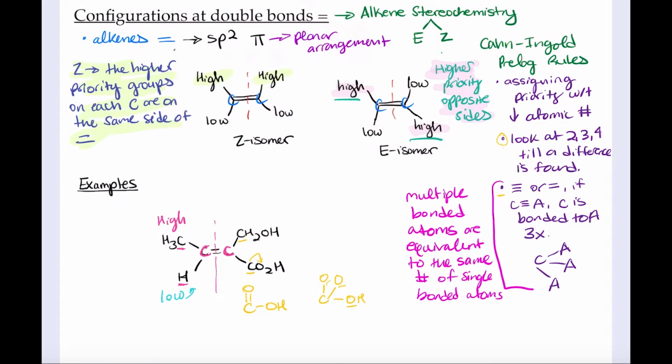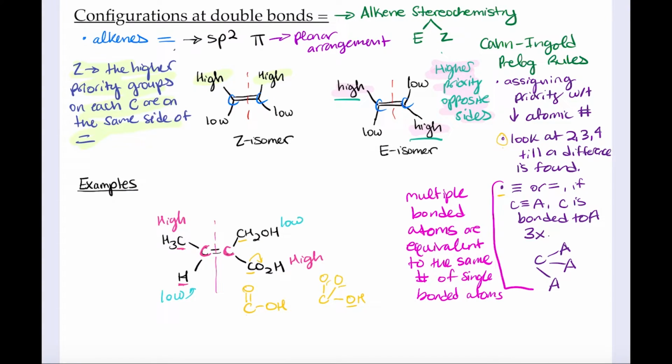So we're going to label this as having the higher priority and this one as a lower priority, because this follows the rule that I explained over here, how multiple bonded atoms are equivalent to the same number of singly bonded atoms. So this follows this rule as I just explained it, because as you can see, if you have a carbon double bonded to A, where A is any atom, it's bonded to that A 3 times. And so this carbon bonded to this oxygen is bonded 2 times.